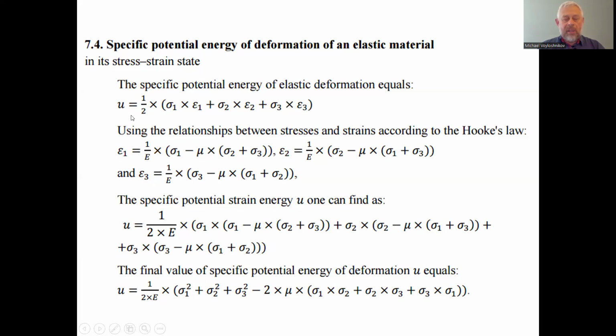The specific potential energy will be equal to just one half. That's just because of Hooke's law and because of the linear increase of the deformations under the stresses, and stresses under the deformations, a linear increase from zero magnitudes of the stresses and deformations. So we have the factor one half multiplied by the brackets.